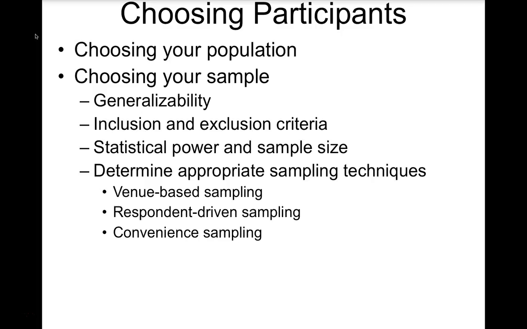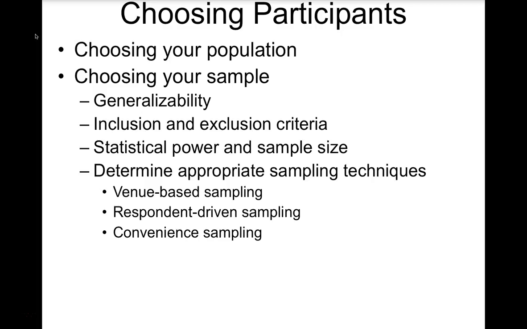So you will be eligible to be in the study if you are sexually active, as I mentioned in the previous example, and then what that means. We might exclude you for all sorts of reasons. So maybe because you're not sexually active, because you're under the age of 18 and we're only interested in those over 18, but we really want to define what those inclusion and exclusion criteria are.